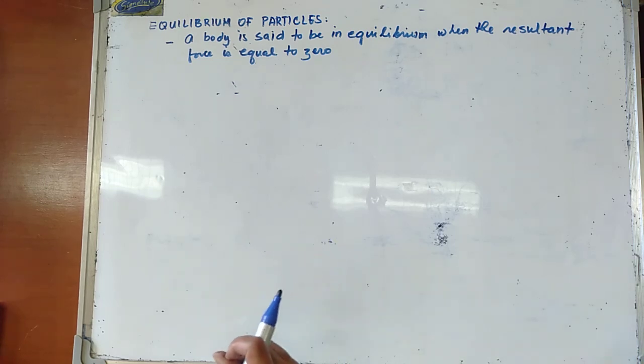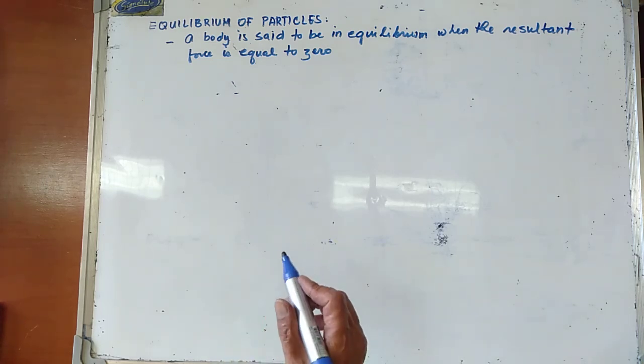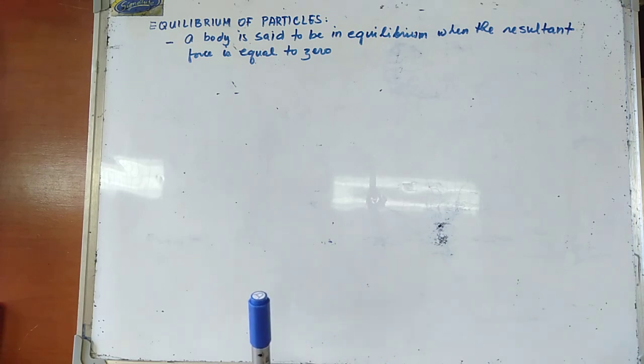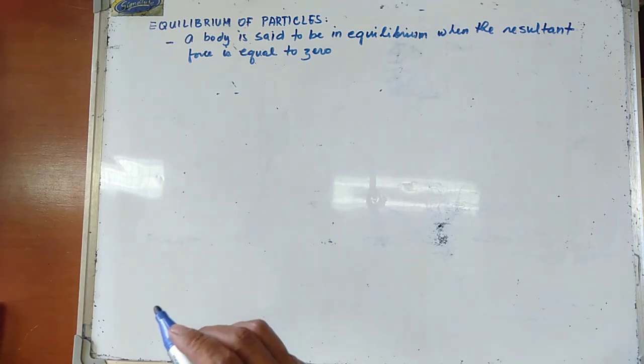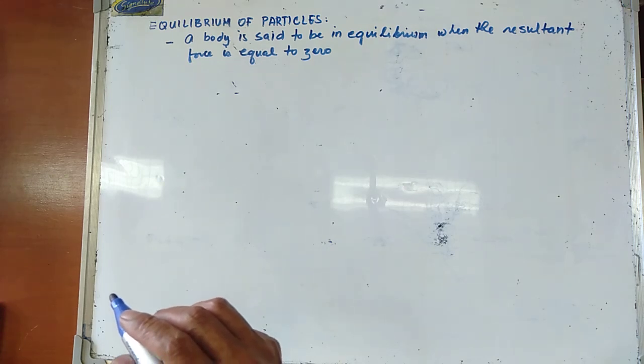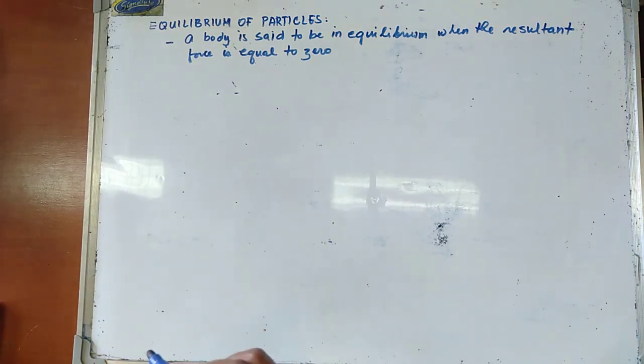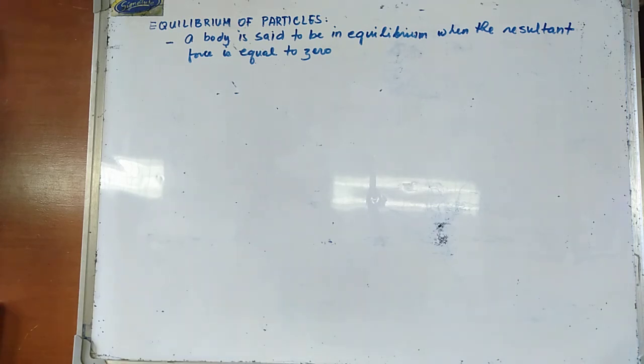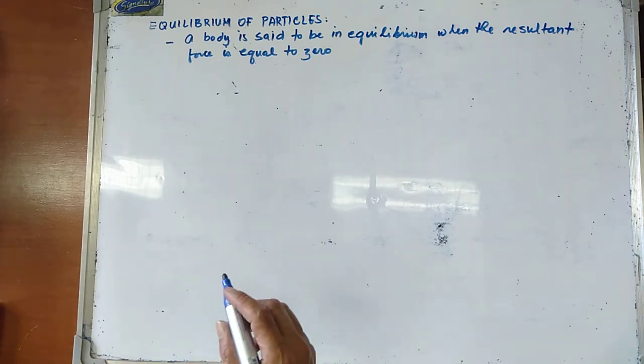Or in other words, a particle is said to be in equilibrium if it remains at rest, if originally at rest, or has a constant velocity if in motion. So that is, a particle is said to be in equilibrium.